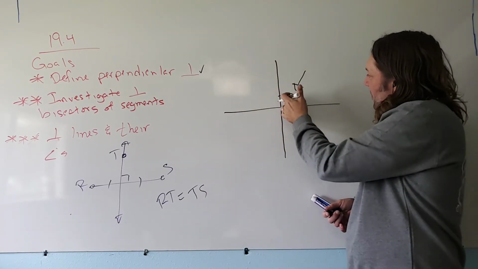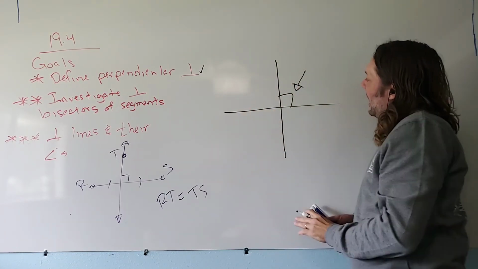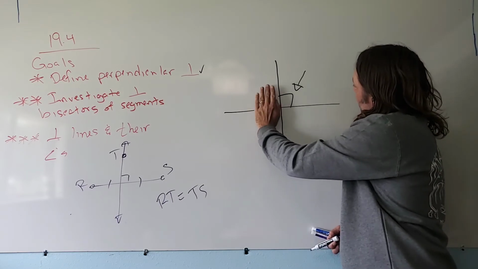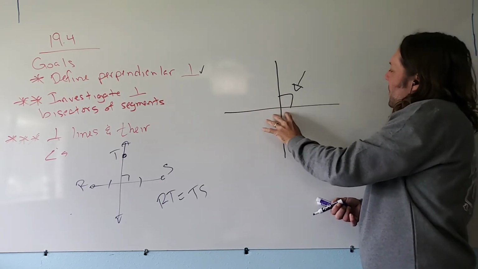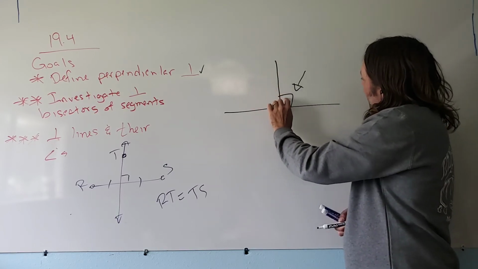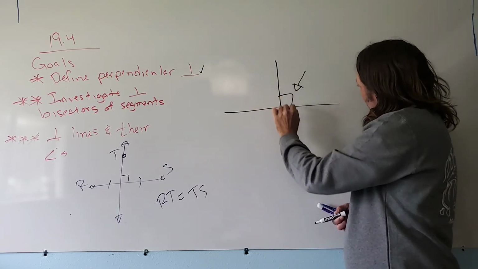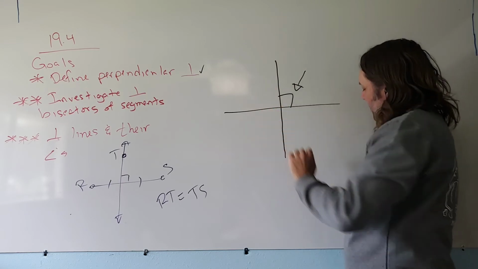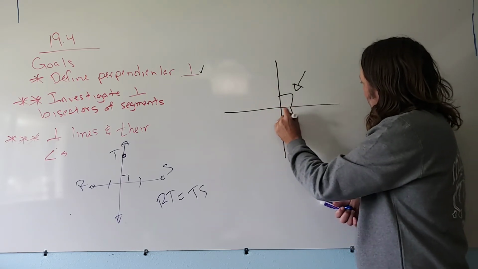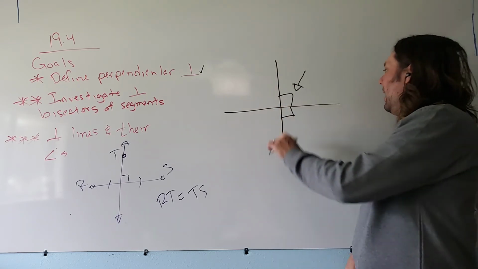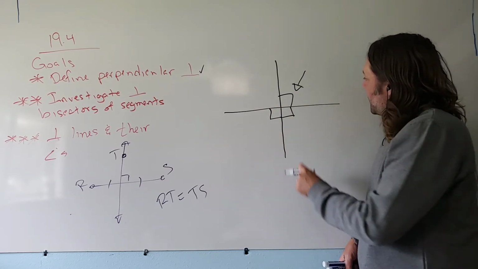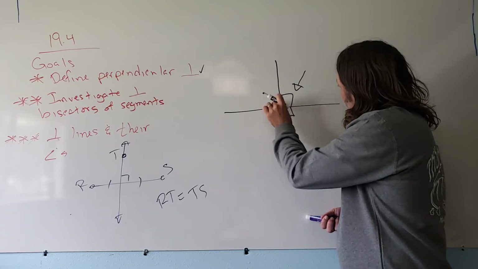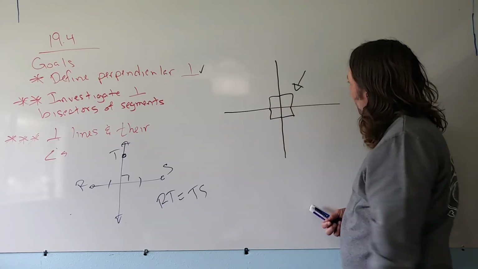That's the symbol for a right angle. I have 4 sets of linear pairs: 1, 2, 3, 4, yeah. So if this is 90 degrees, I know this angle and this angle must add up to 180 degrees. Therefore, this angle itself must be 90 degrees. Because these angles are vertical, I know that this must also be 90 degrees. And because these angles are vertical, I know that this angle must be 90 degrees.